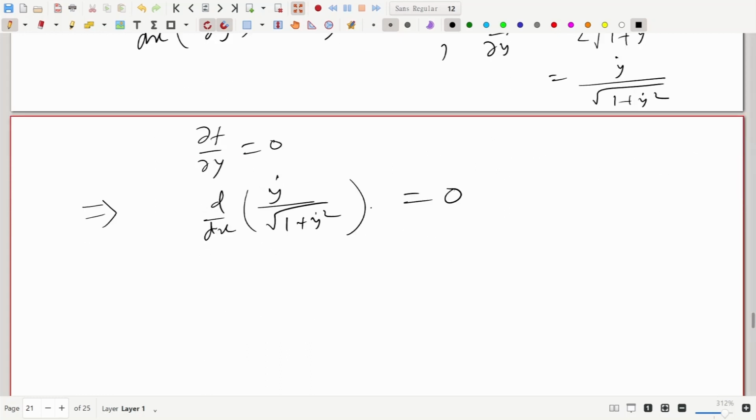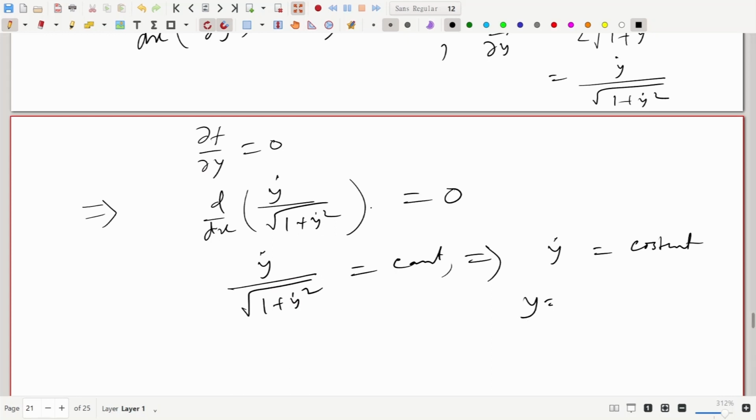This means that y dot over root of 1 plus y dot squared is constant. So this implies y dot is constant. If y dot is constant, then y equals ax plus b. So this is the path which will have the shortest distance.